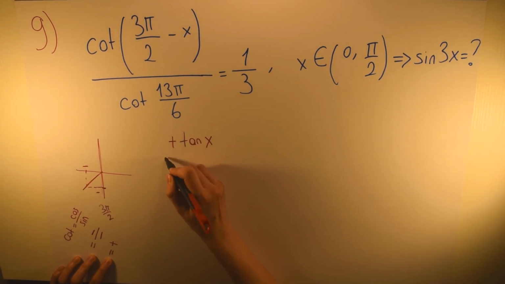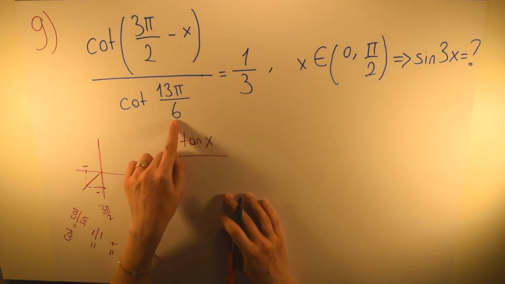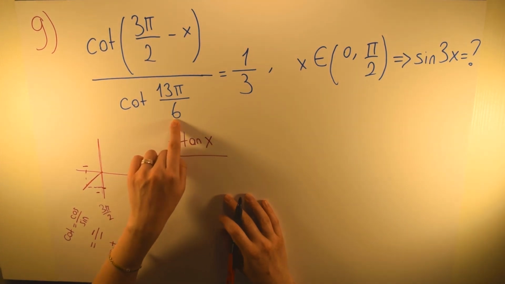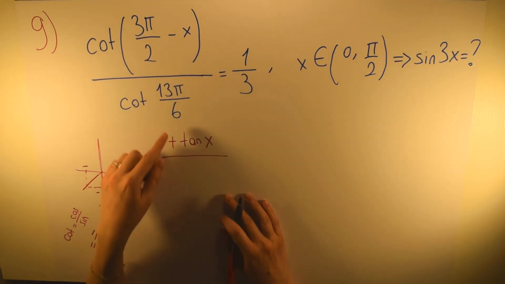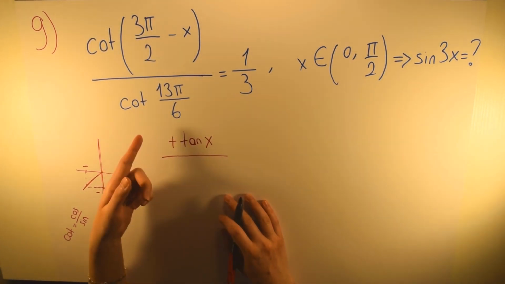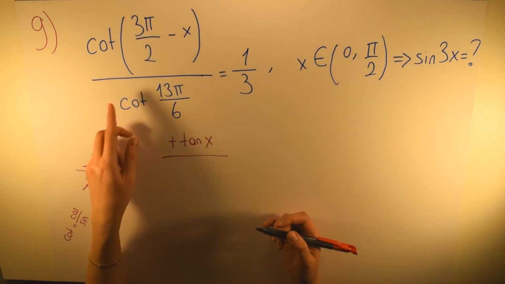So it will be positive tangent x over cotangent 13π over 6. As you can see, this is bigger than 2π, so we need to find its principal angle. How do we do that? We subtract 2π, because 2π is extra here.